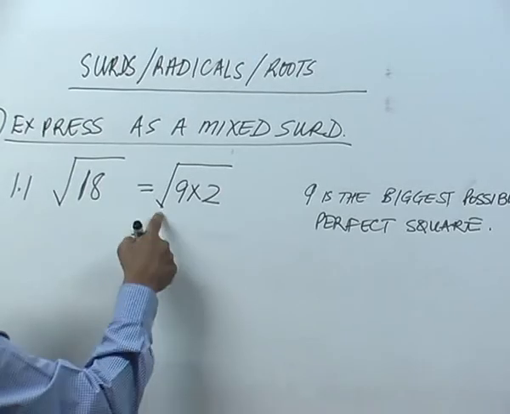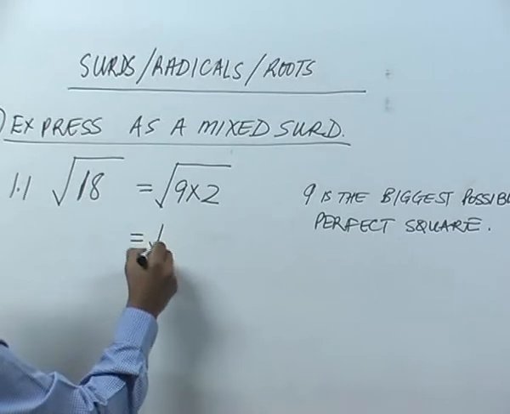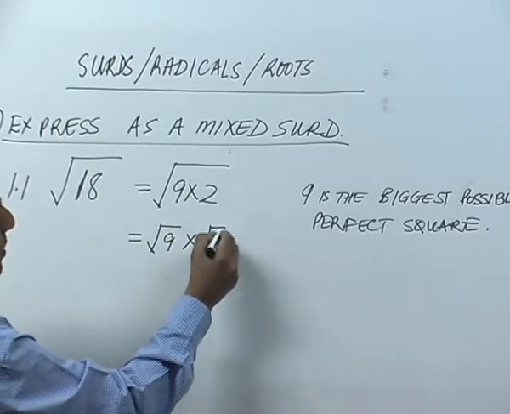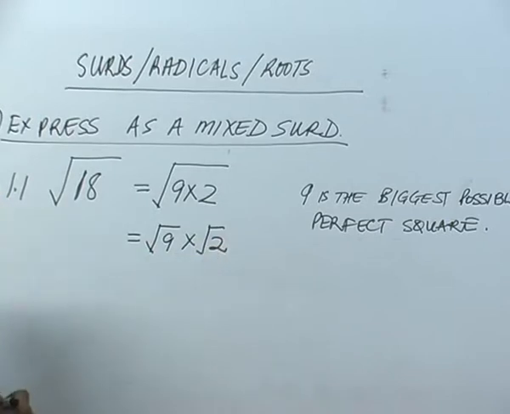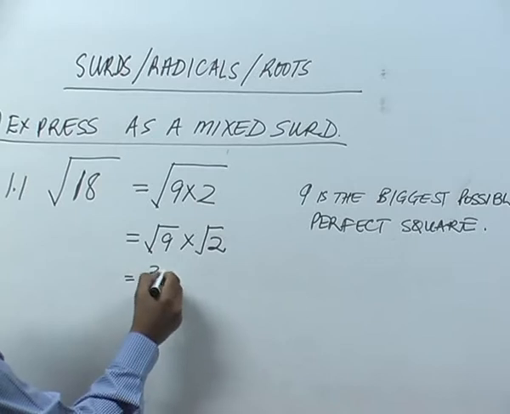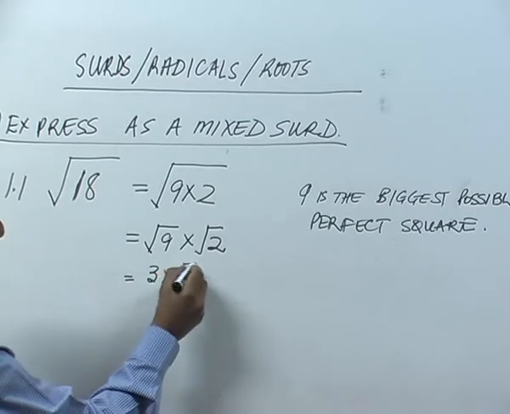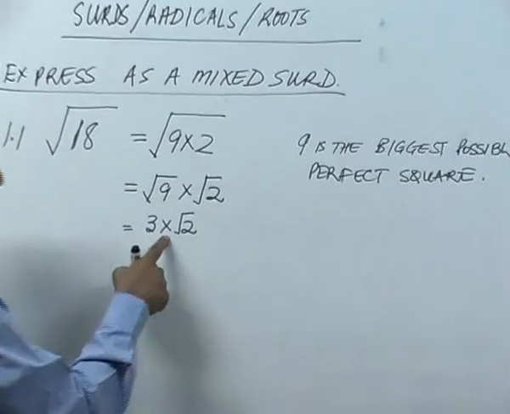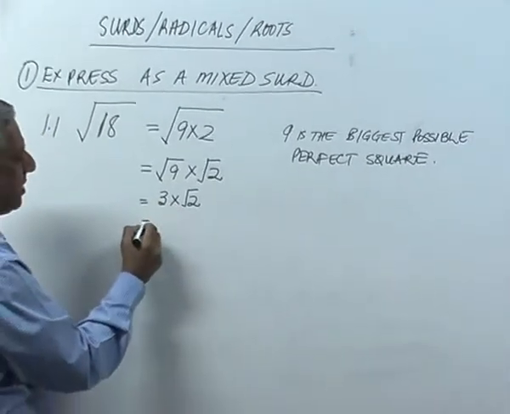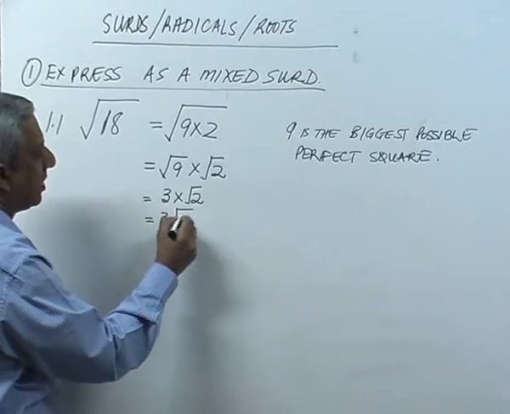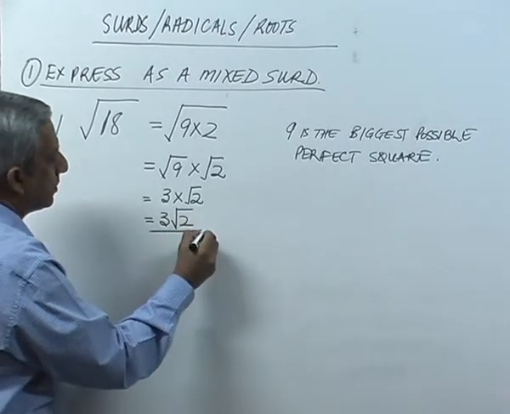Once we have that, we can then break this further and say this is square root of 9 times square root of 2. And then square root of 9 is 3 times square root of 2. Now, there's no need to write this multiplication sign, and therefore we can say that this is 3 root 2.